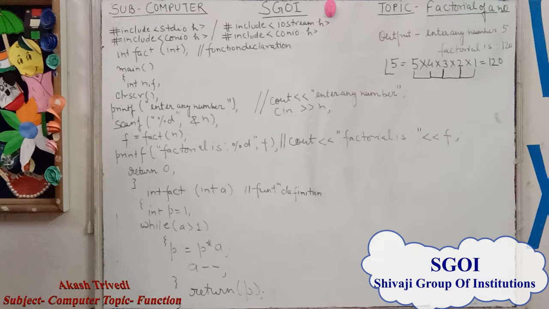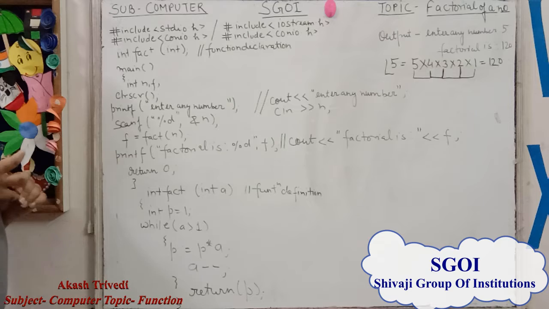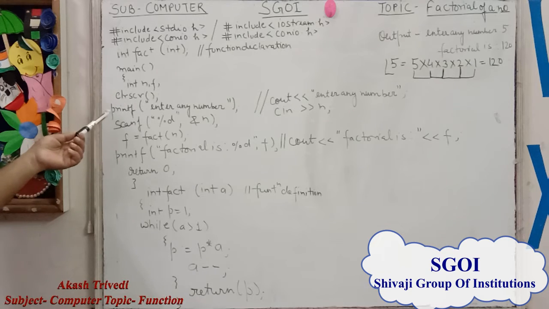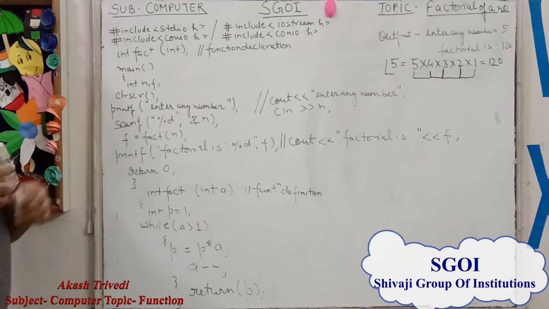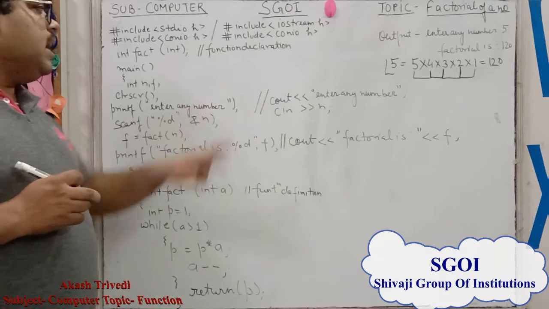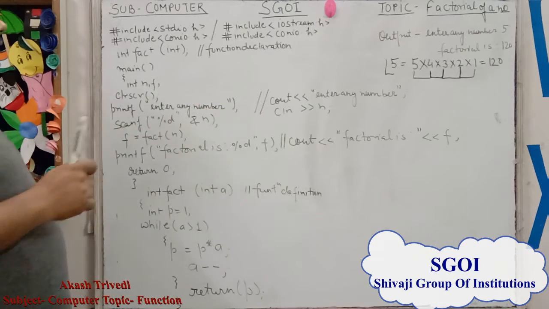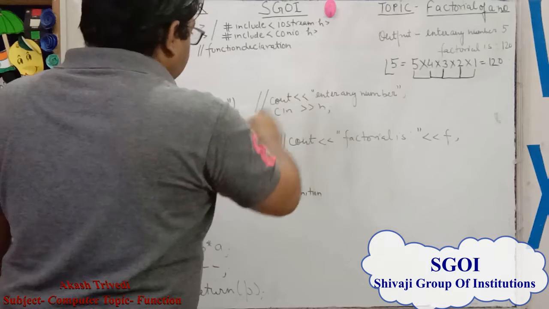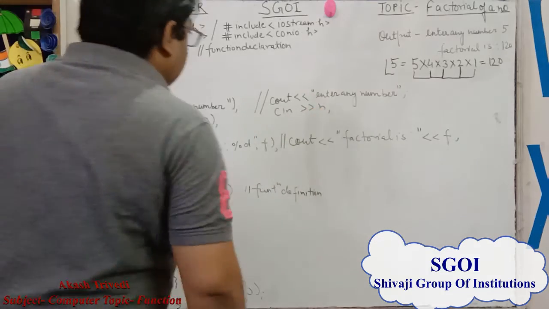If we want to give a message in C, then the printf statement is used. We give the message in printf: enter any number. If we want to give a message in C++, then we use the cout statement. In cout we also give the same message, enter any number.